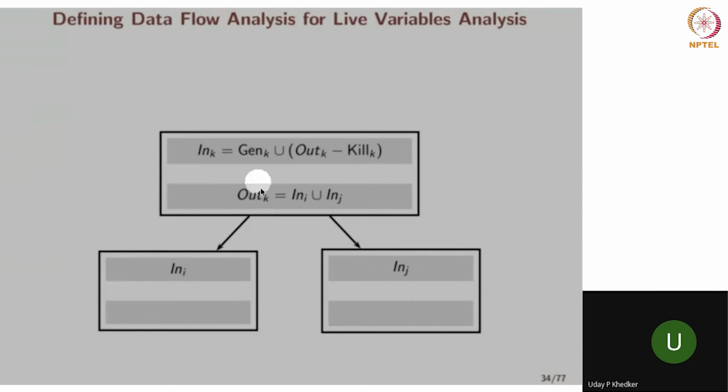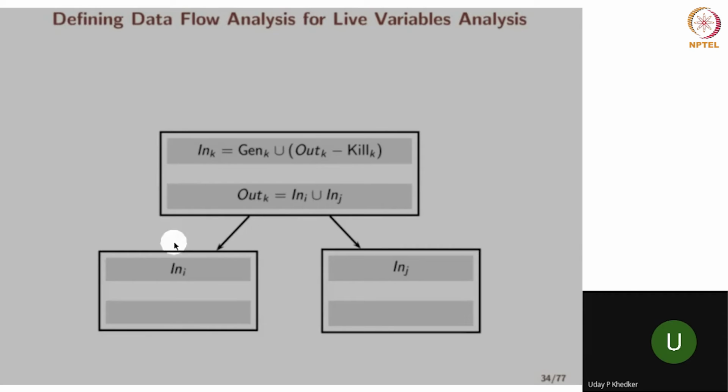So in and out are global data flow properties. The data flow variable out stores the set of variables that are live at the exit of a basic block, whereas the data flow variable in stores the set of variables that are live at the entry of a basic block.